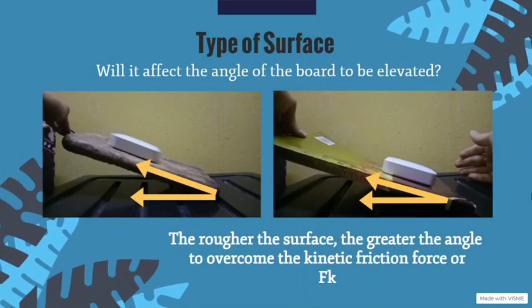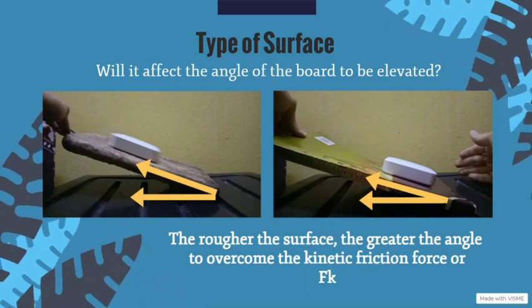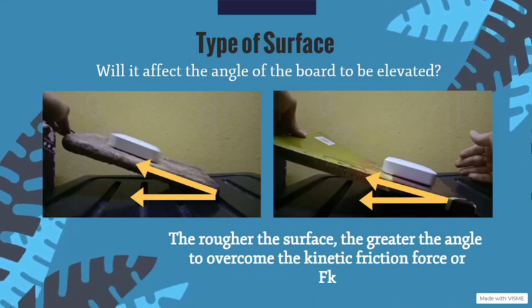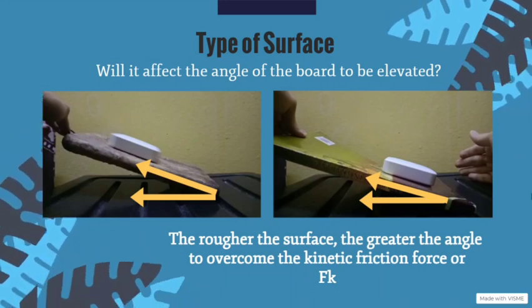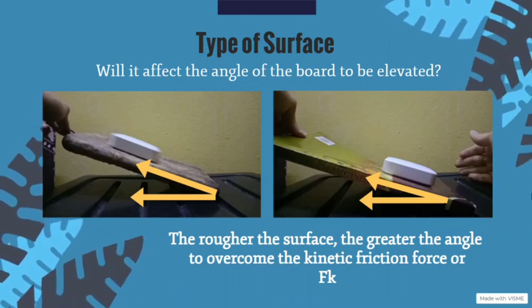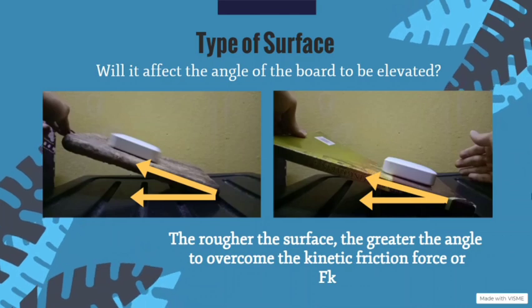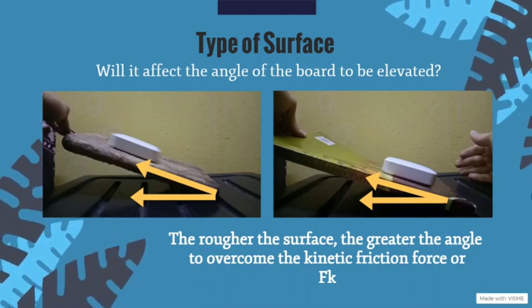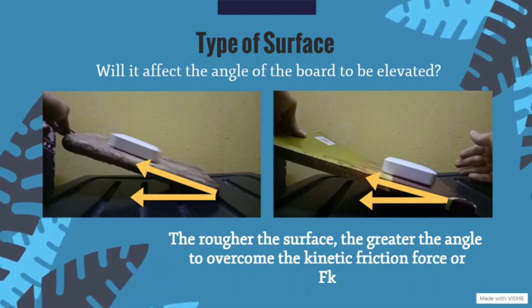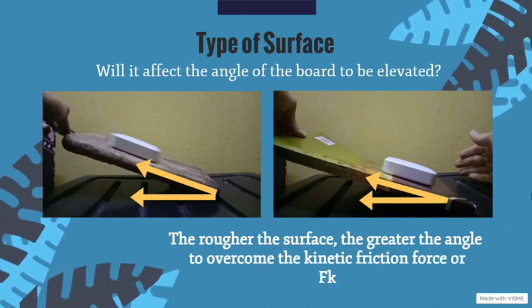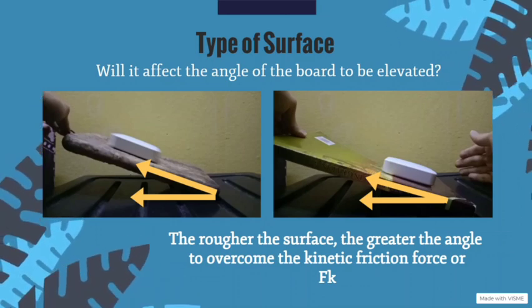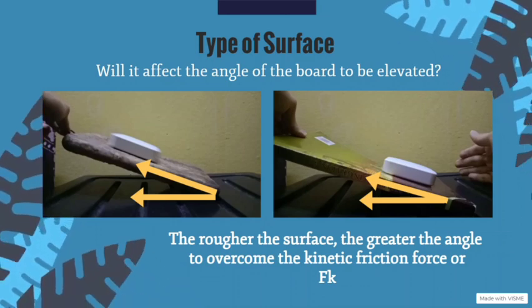What if we change the surface? Will it affect the angle to which the board needs to be elevated? Yes, as you can see from these two pictures, on the right side we have a smooth surface and on the left side we have a rough surface.